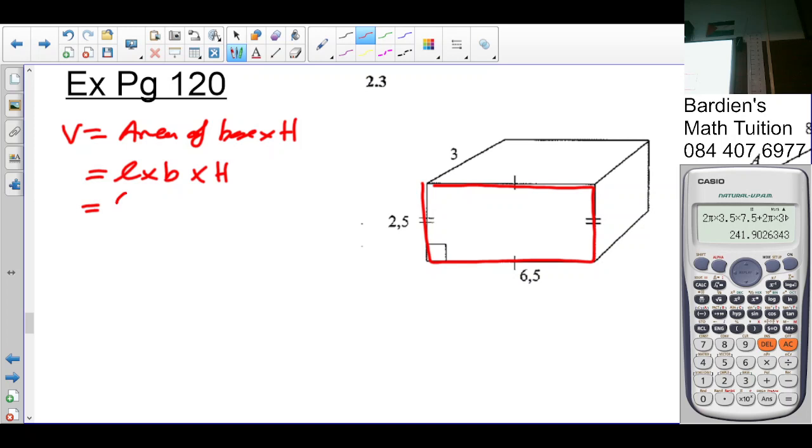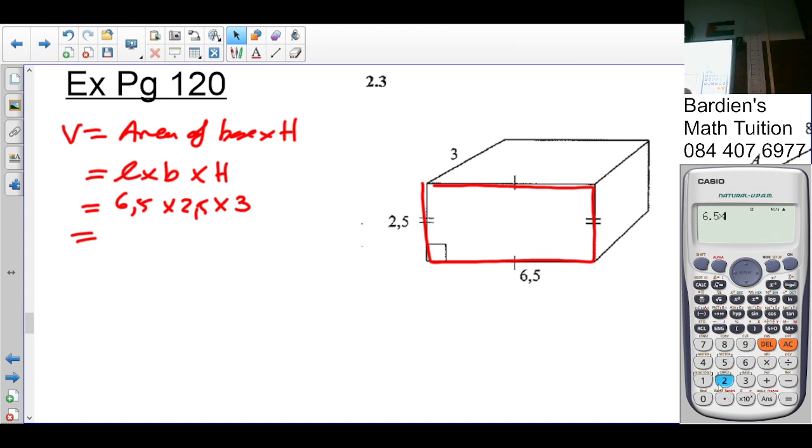So what's the length? 6.5 times 2.5 times height of 3. That gives you 48,7 units cubed.